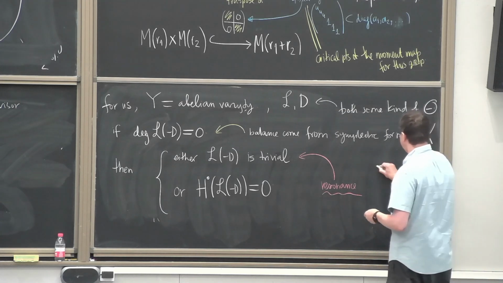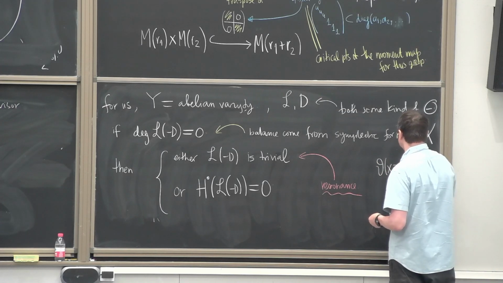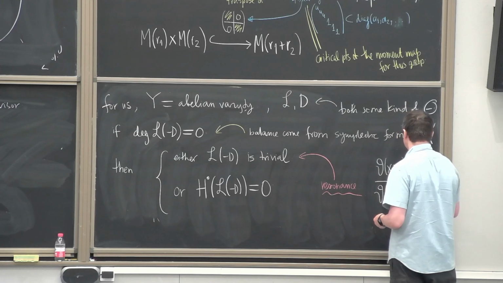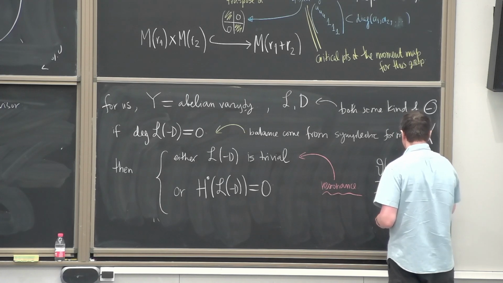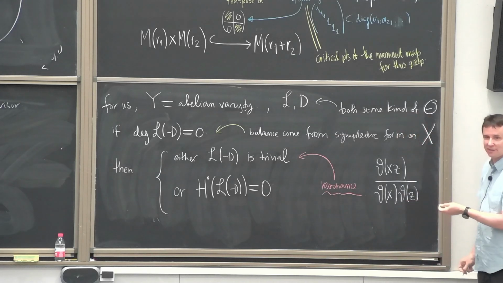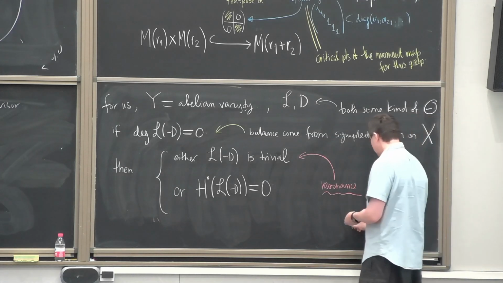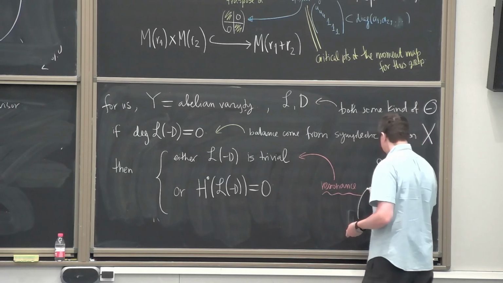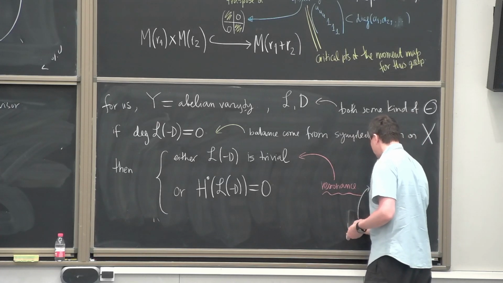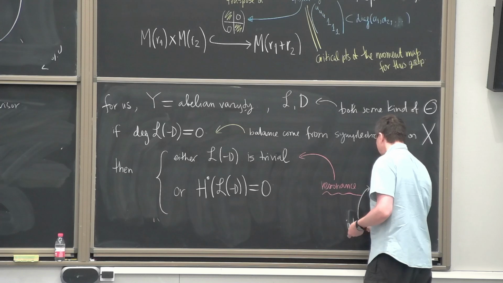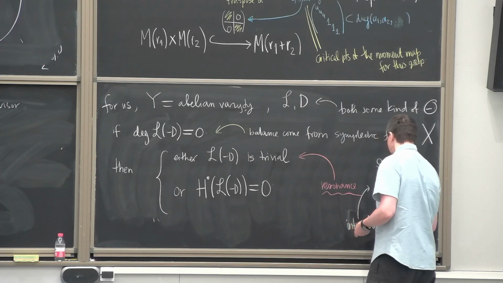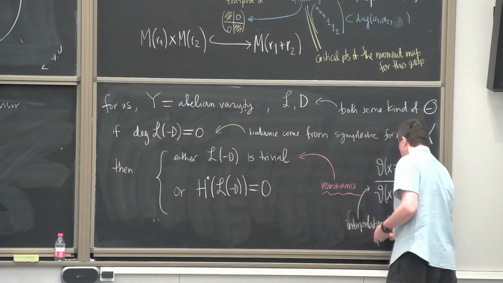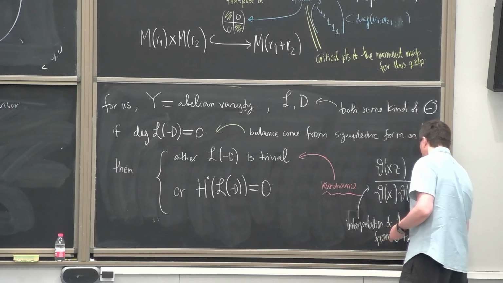You look at theta of x times z over theta of x times theta of z. What is this formula? This is interpolation of the function 1 from 0 on the elliptic curve to the whole elliptic curve.